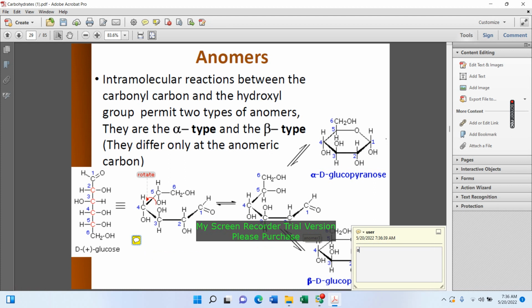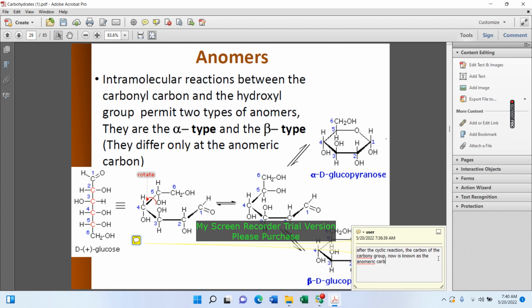Let's take a note of it. After the cyclic reaction, the carbon of the carbonyl group is now known as the anomeric carbon.